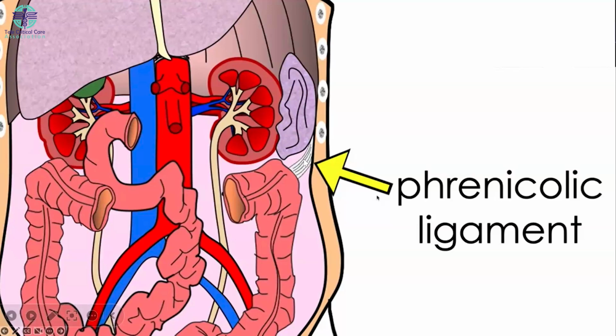Okay, and this phrenicocolic ligament also inhibits that same fluid from going down to the left side. So the left upper quadrant is not as sensitive as the right upper quadrant screening, but it is highly specific. If you get free fluid in the left upper quadrant, that means FAST is positive.